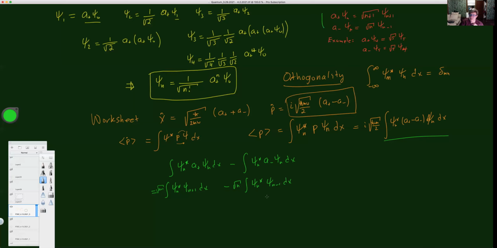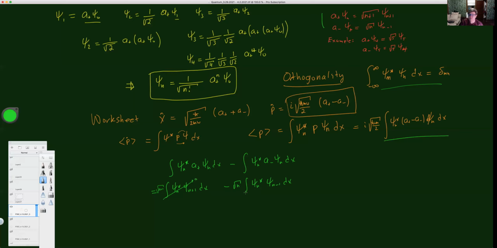Now I want you to notice, remember the orthogonality relations? If, let's say, n in this case was 4, this would be the square root of 5 times the integral of psi 4 star psi 5 dx. Well, by this rule, m would be 4 and n would be 5. Those are different, and this integral is 0. Look over here.